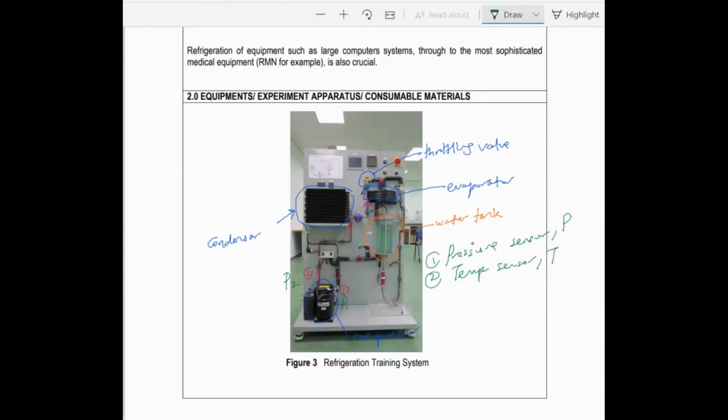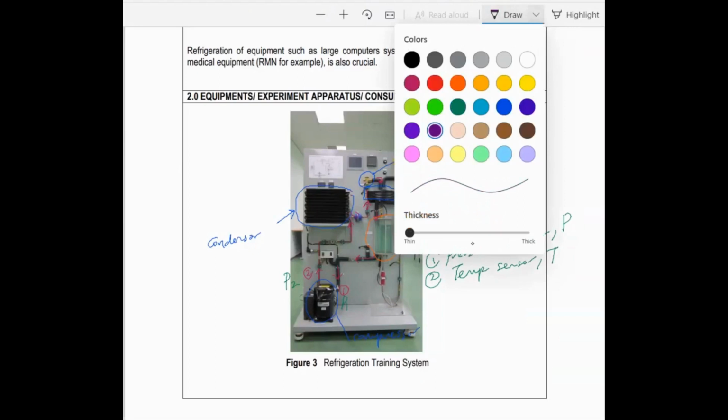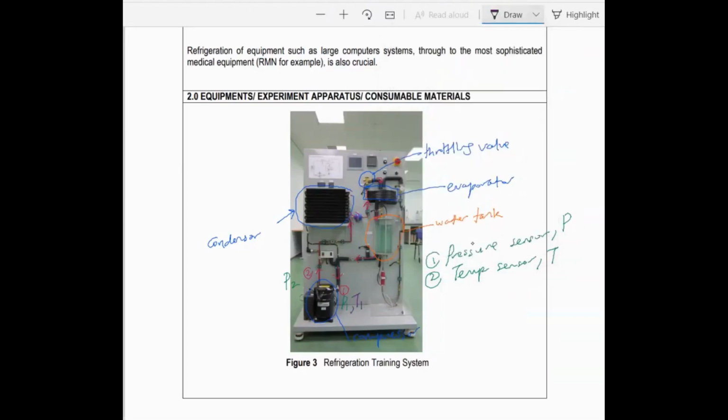And then you also have temperature sensors at certain points: before the compressor T1, after the compressor T2, before going into the condenser T3, then T4 before the throttling valve, and T5 and T6 that relate to the water temperature.